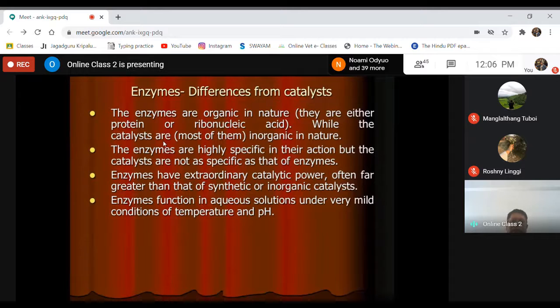Then the fourth one is that enzymes function in aqueous solutions under very mild conditions of temperature and pH. But a catalyst may function in a very wide range of pH or temperature. So these are some of the basic differences between enzymes and catalysts.